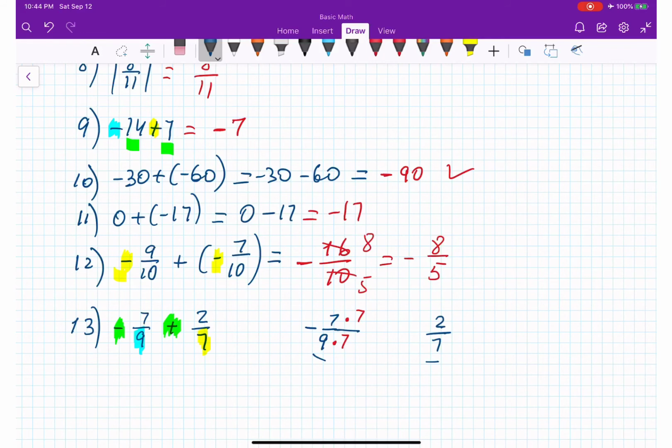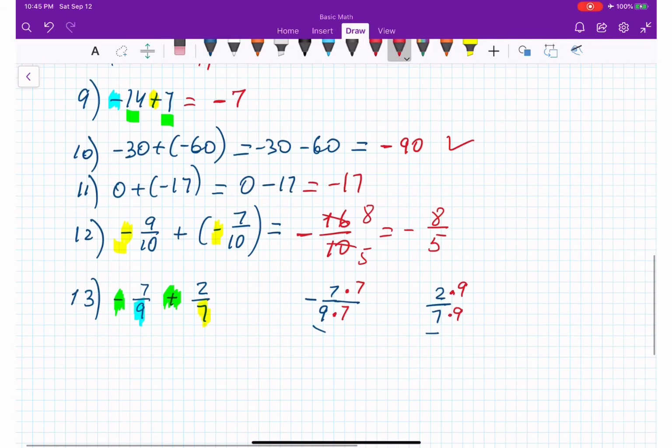Okay, and 2 over 7, so 7 I have to multiply by 9, which means 2 also multiplying by 9. And what do I get? Here I get negative 49 over 63. Here I get 18 over 63.